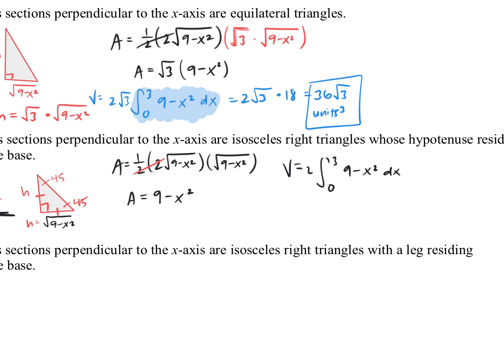And again, all of this stuff right here equals what? 18. So I can go ahead and just multiply. So my volume is 2 times 18, which is going to be 36 units cubed.